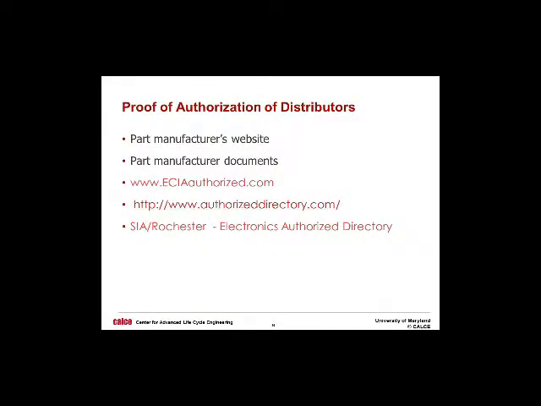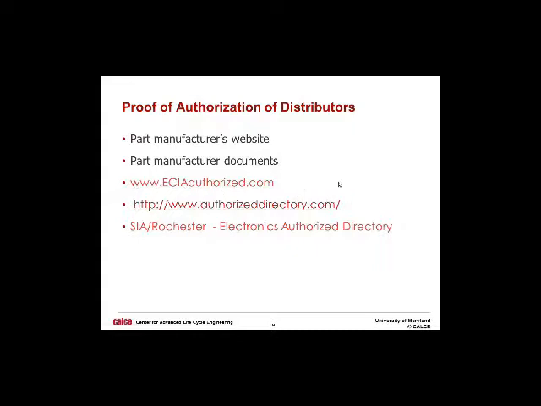Having said all that, buying from the electronic authorized distribution still remains one of your best options of avoiding counterfeit parts. However, determining whether a distributor is authorized or not is not as straightforward as you hope it is. So you should check. There are two different websites that I mentioned, this ECIAauthorized.com.